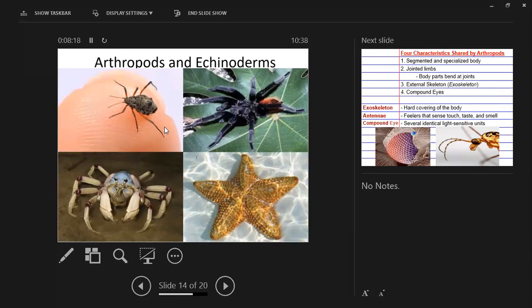What about echinoderms? Let's have an example: sea stars, sea urchins, sea cucumbers.